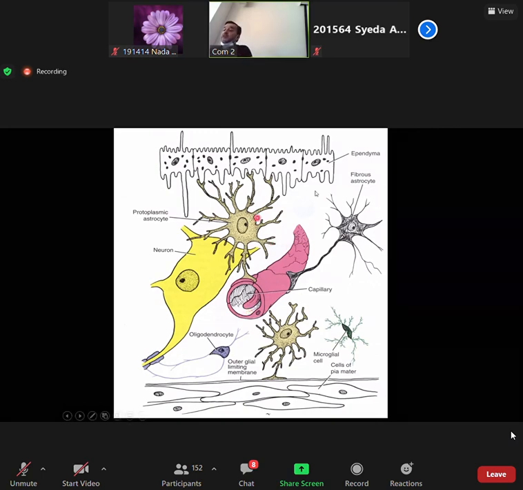You can also see the processes of these astrocytes attached to the inner layer of the ventricular cavity and also to the inner layer of the pia mater, forming the outer glial limiting membrane and the inner glial limiting membrane.